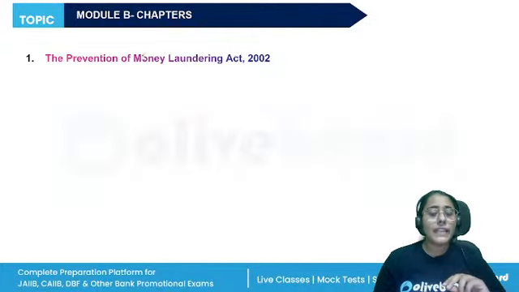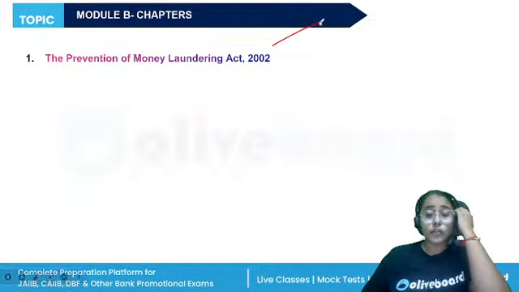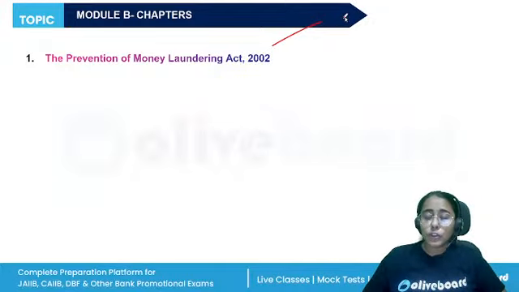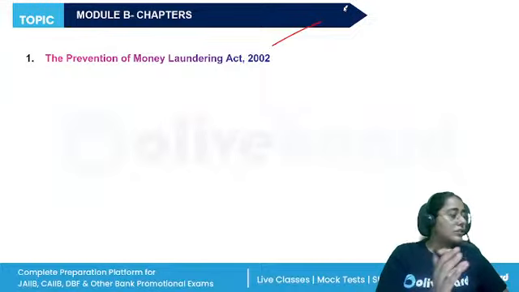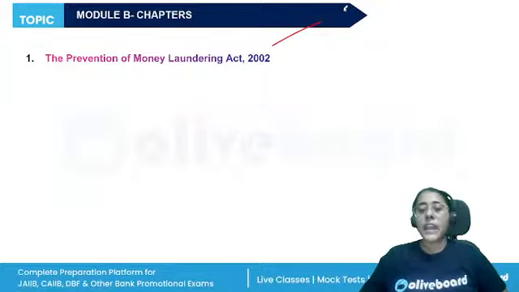Then Module B, you need to study the Prevention of Money Laundering Act. What is the role of banks? How do they reduce the chances of money laundering, right?